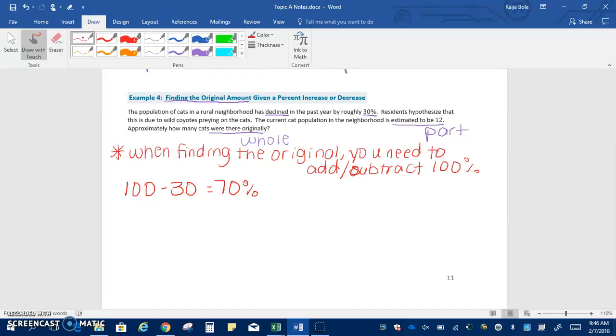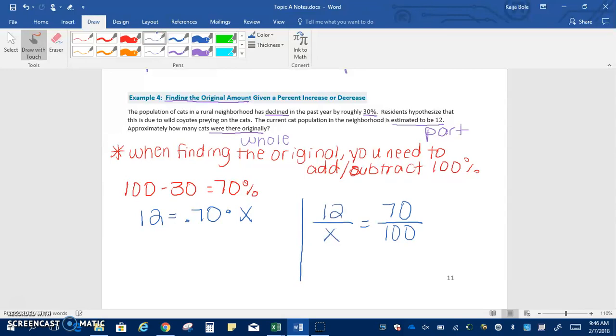So we're going to go back to our original setups, either the equation or the proportion. If we set up our equation, our part is 12 equals our percent, which is 0.7 times x. If we do it the other way with our proportion, then we have 70 over 100 equals our part, which is 12, over x. I'm going to solve the equation just because it'll be faster.